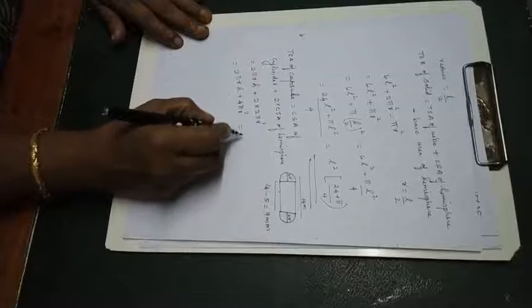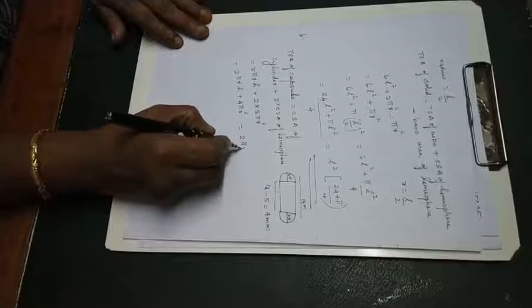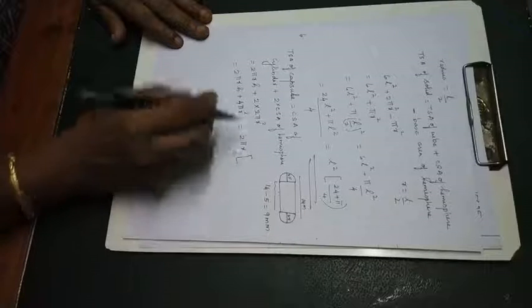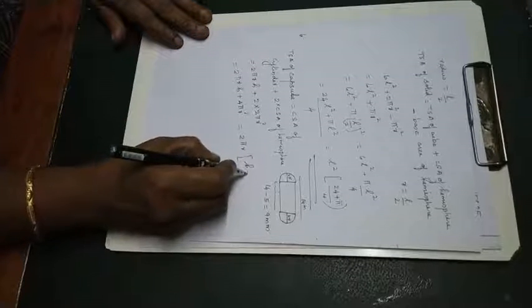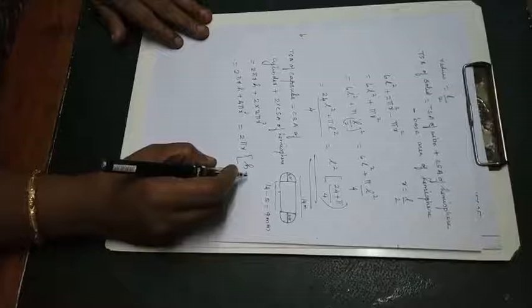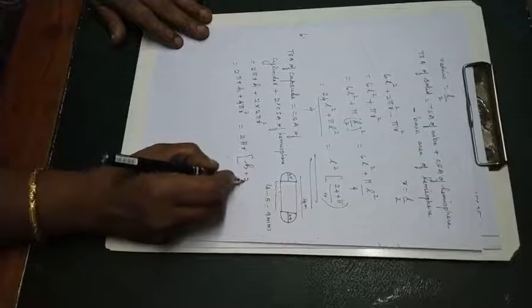So 2 pi r is common there. So first h will come, then 2 into r will come.